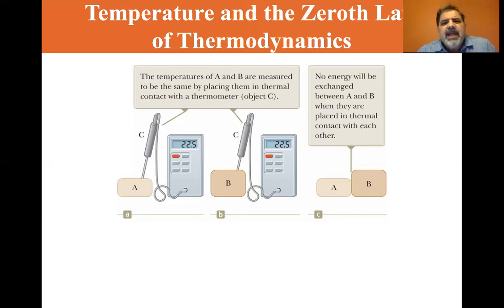The temperatures of A and B are measured to be the same by placing them in thermal contact with a thermometer. That's object C. Now, if you put A and B together, no energy will be exchanged between A and B when they are placed in thermal contact with each other. They're said to be in thermal equilibrium.